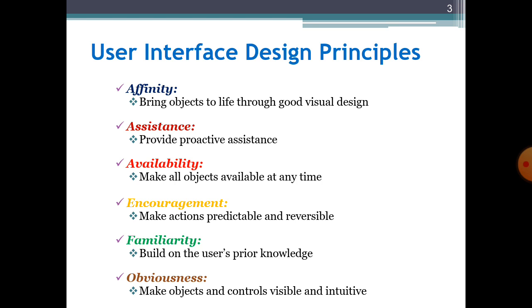The next one is assistance. In user interface design, this principle means we should provide proactive assistance. What does proactive assistance mean? Assistance helps the user to perform a variety of tasks. Knowledge of the system and the ability to handle a task vary from one user to another.